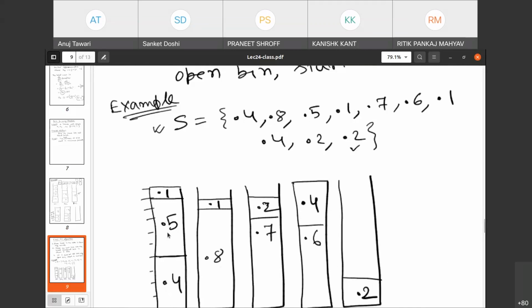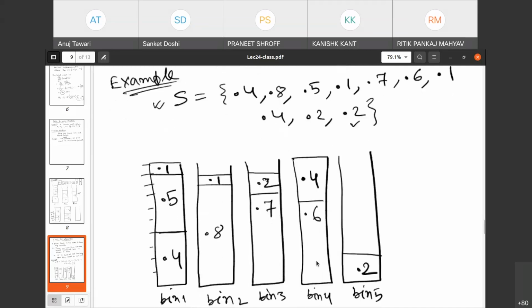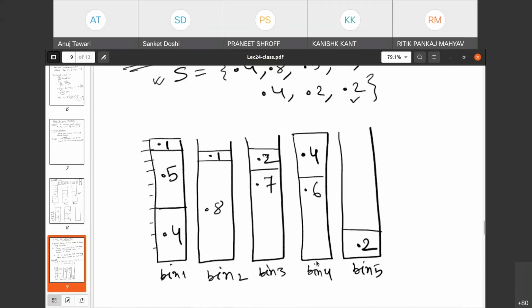So you'll put it here. Then 0.1, again, can fit in the first bin. 0.7 is too large. It can't fit here, it can't fit here, so you'll put it in the next bin. And you keep on doing this and get some bin packing.